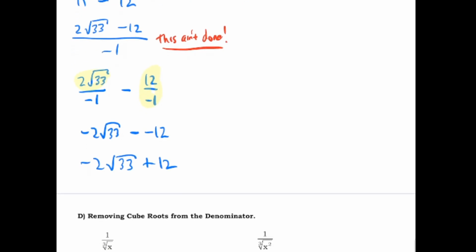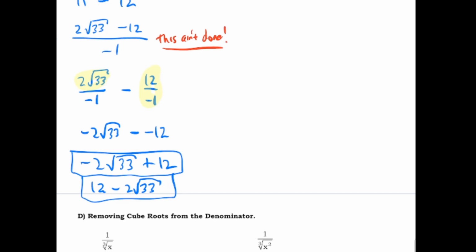Or if you want to, I'm happy with that. If you want, you can use the more standard way of writing it, which is to put the number first, put the radical term second. This would be even better. This is okay, but this is like really okay.